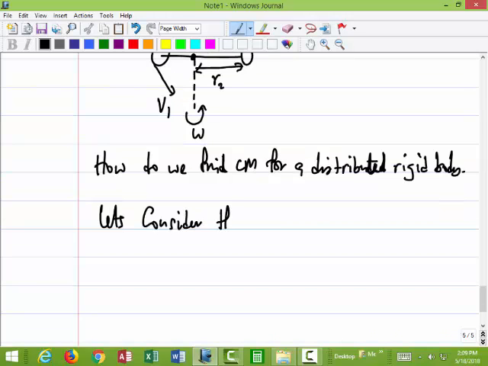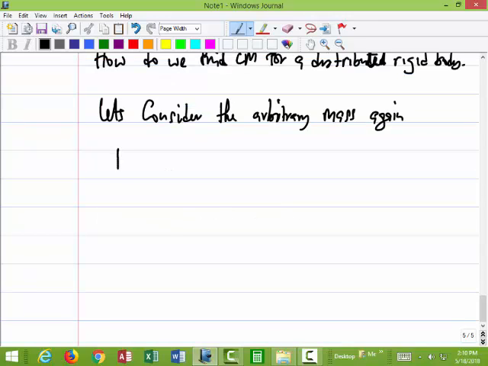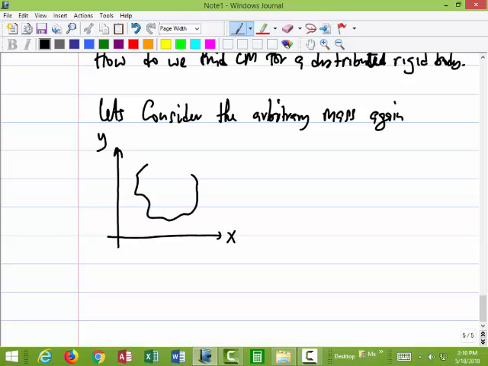Let's consider the arbitrary mass we used earlier. We'll draw again our coordinate system, x, this is y, and we have an arbitrarily shaped mass in this coordinate system. To find the center of mass of this object, let's take an element in this object of mass m_i, and its location will be x_i and y_i.